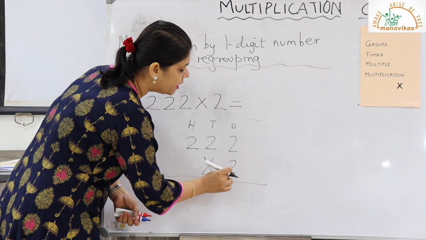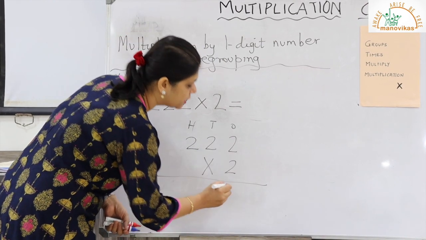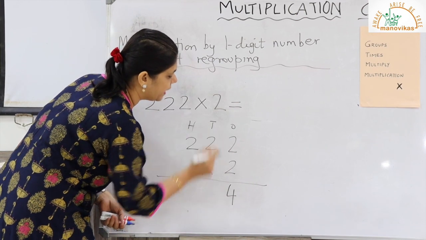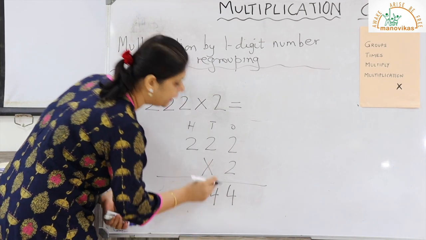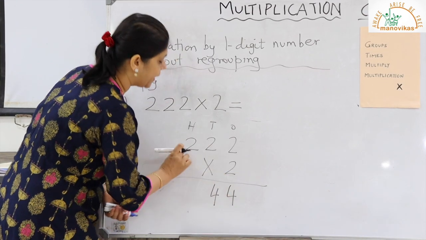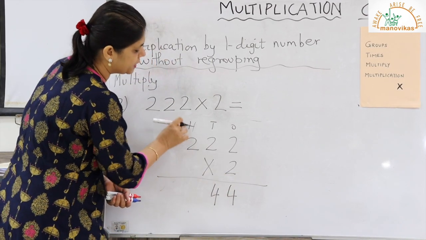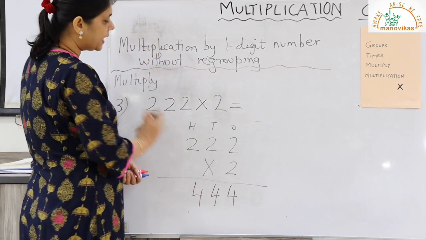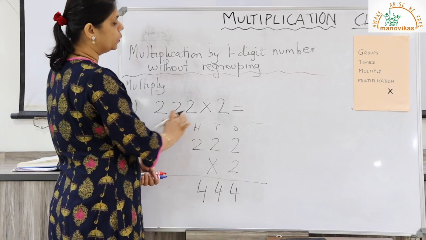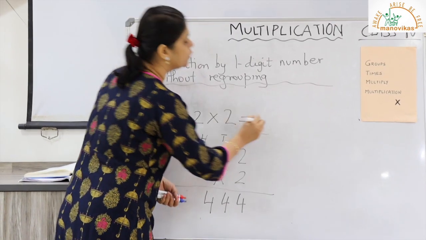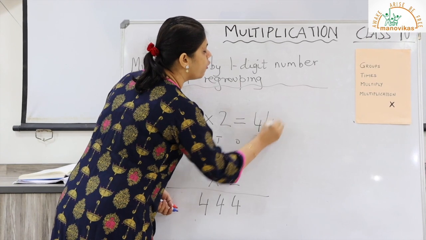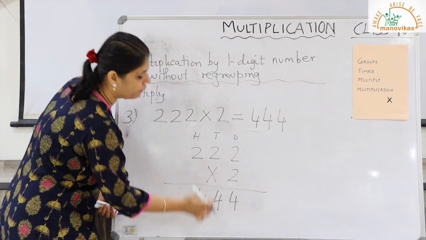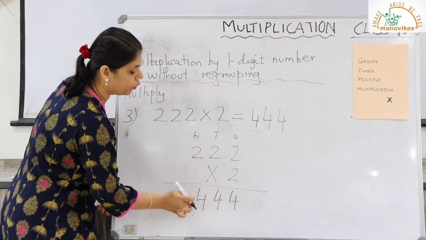Now let's multiply first. 2 into 2 is how much? 4, right? 2 multiplied by 2 here in the tens place is again how much? 4, right? Again this 2 multiplied by this digit 2, which is in the hundreds place, again gives us 4. So what is the answer we have got now? 222 multiplied by 2 will give us 444. 2 2's are 4, 2 2's are 4 and 2 2's are 4 again.